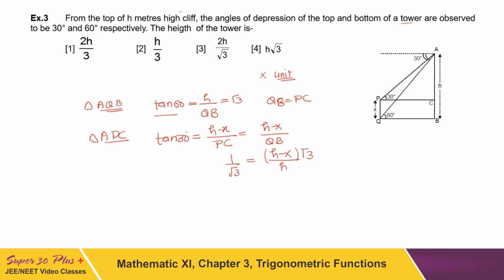Now simplify it. h is equal to 3h minus 3x, 2h is equal to 3x. That's why x is equal to 2h by 3. Option 1 is the correct answer. Height of tower is 2h by 3, where h is the height of the given cliff.